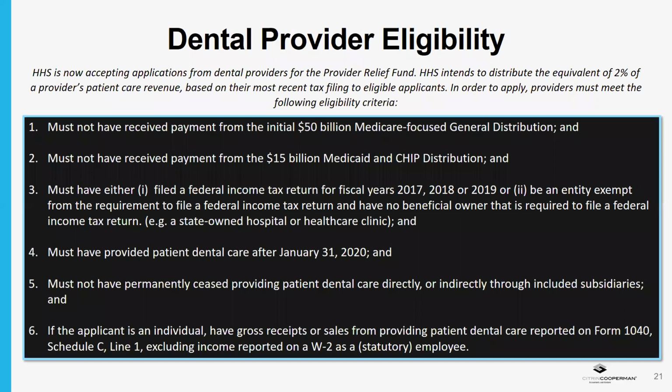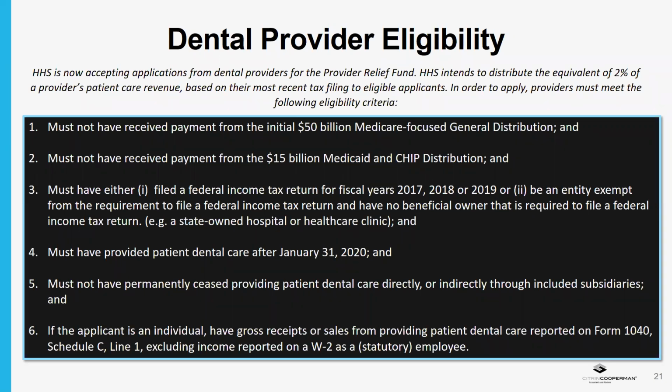Gary? Thanks, Michael. I'd like to talk a little bit about the dental provider eligibility. HHS intends to distribute the equivalent of 2% of a provider's patient care revenue based on their most recent tax filing to eligible applicants. And in order to apply, providers must meet the following eligibility criteria.